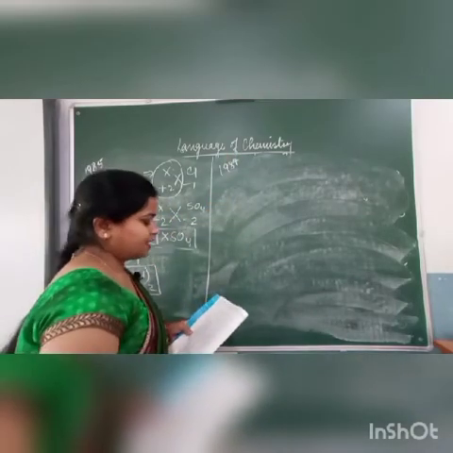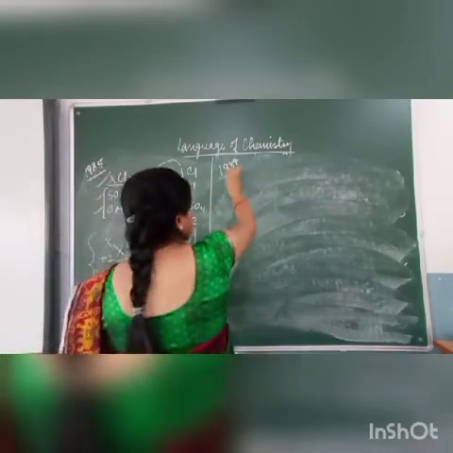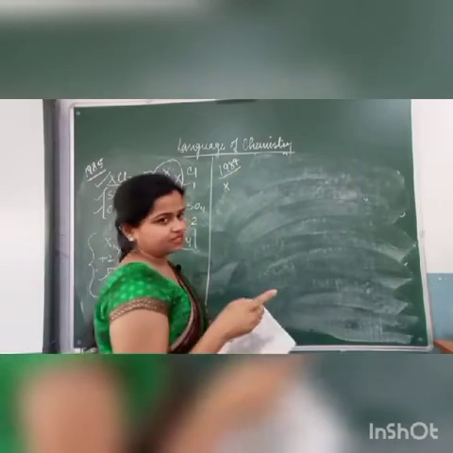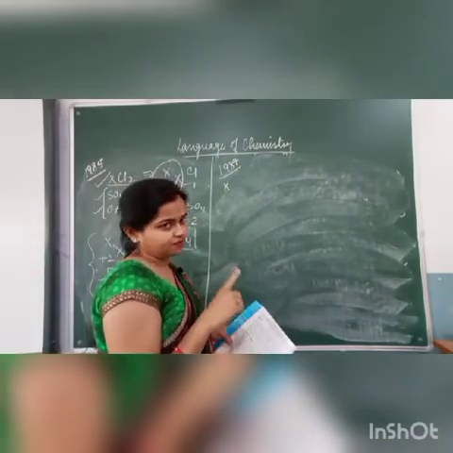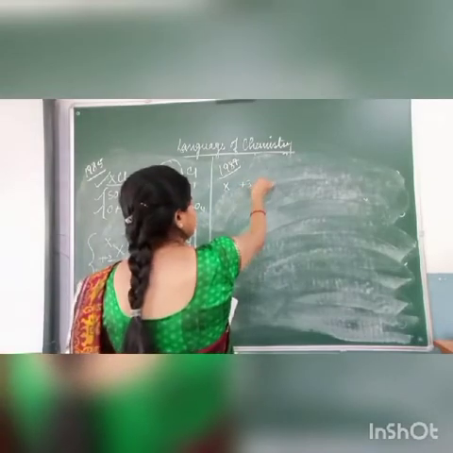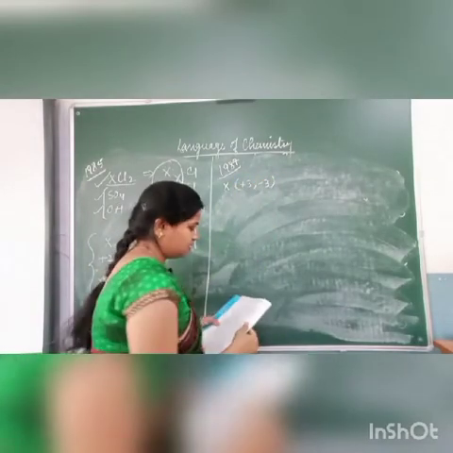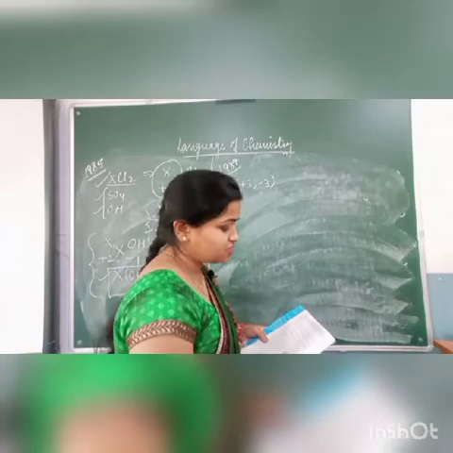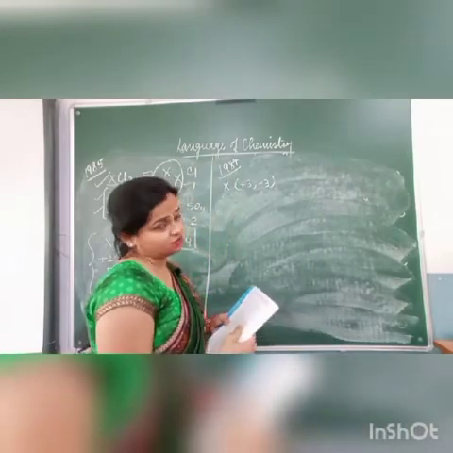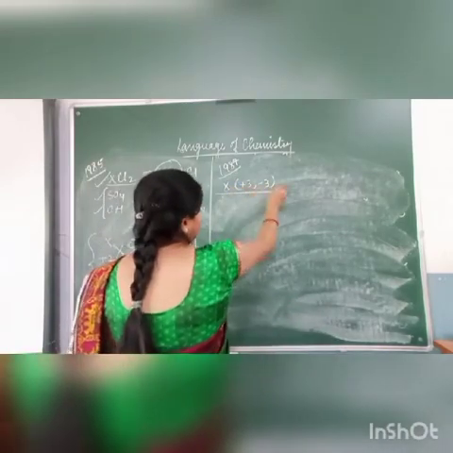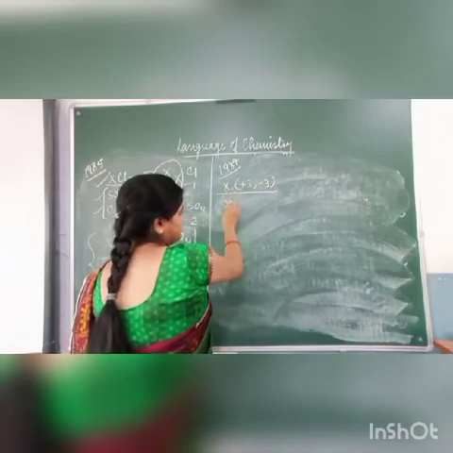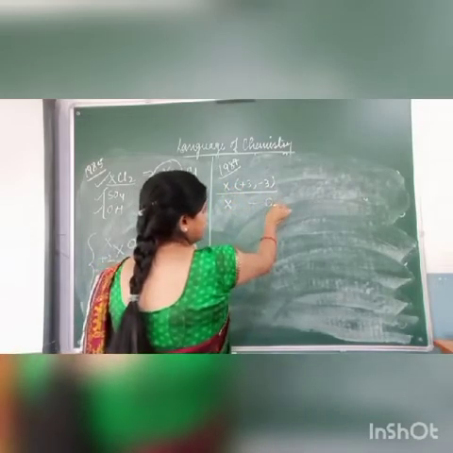The question is, an element X is trivalent. Trivalent means it can have plus 3, or it can be minus 3. Clear? Then it is given, write a balanced equation for the combustion of X in oxygen. You have to write where X combines with oxygen.